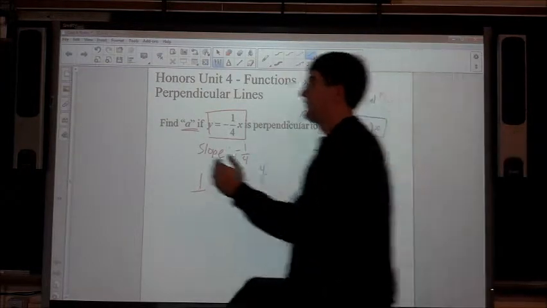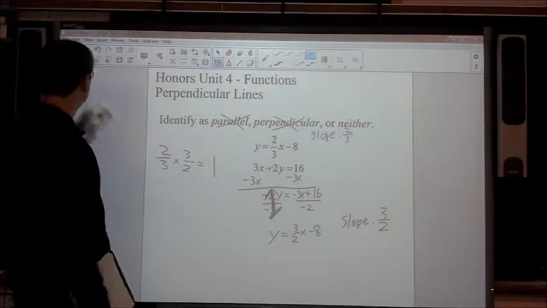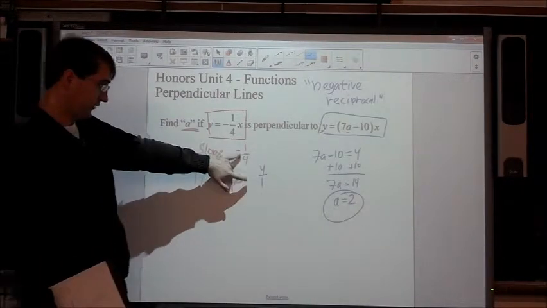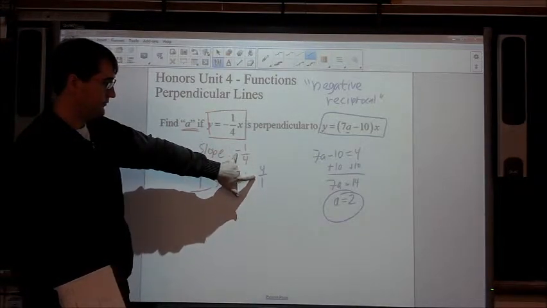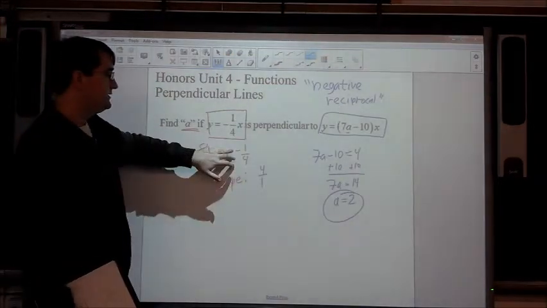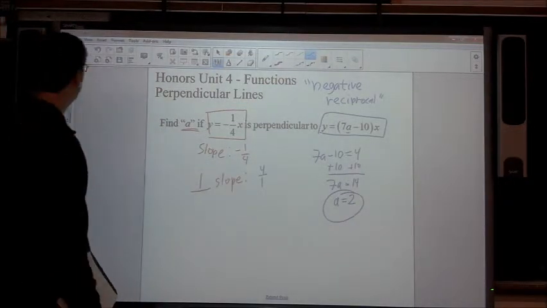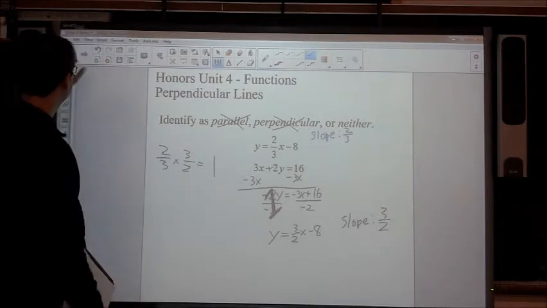Remember, for perpendicular lines, the slopes have to multiply to negative 1. If you have slopes to check, you can just multiply them and see if it works out. But if you need to know what slope will get the two of them to multiply to negative 1, just do the negative reciprocal. Negative 1/4, positive 4 over 1. Positive 2 over 3 would need negative 3 over 2.